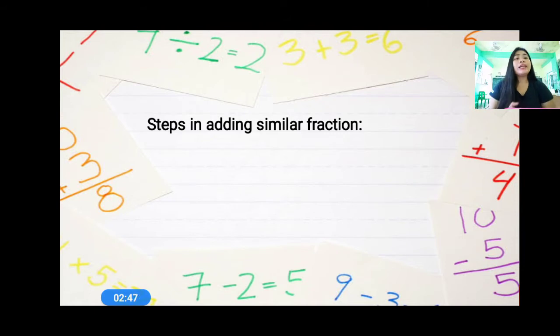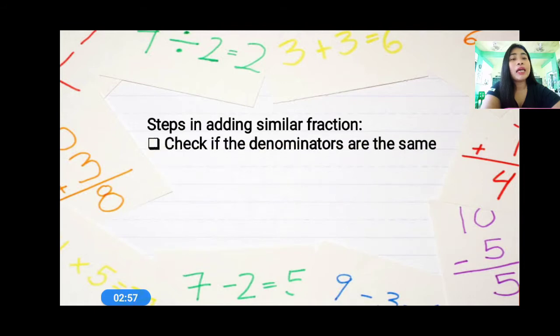Now, in adding similar fractions, there are steps. I'm going to tell you the steps. The first one is to check if the denominators are the same. Before you add fractions, you have to see to it that the denominators are the same. Do you understand?